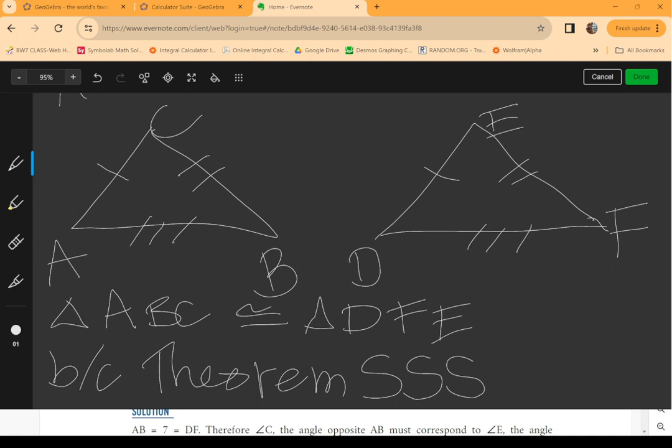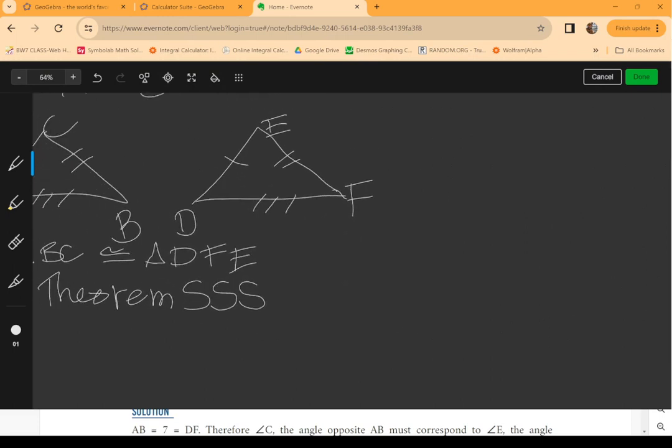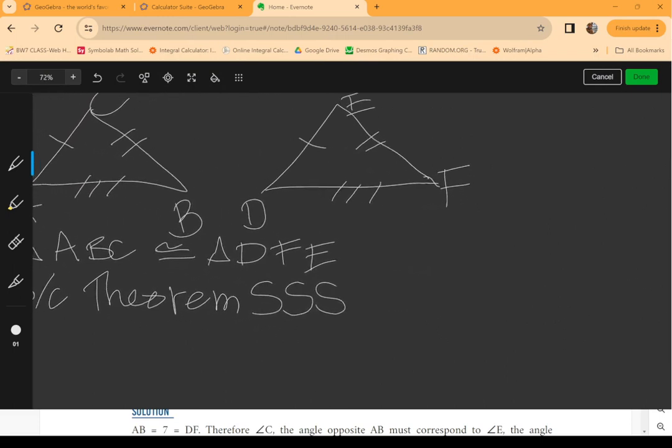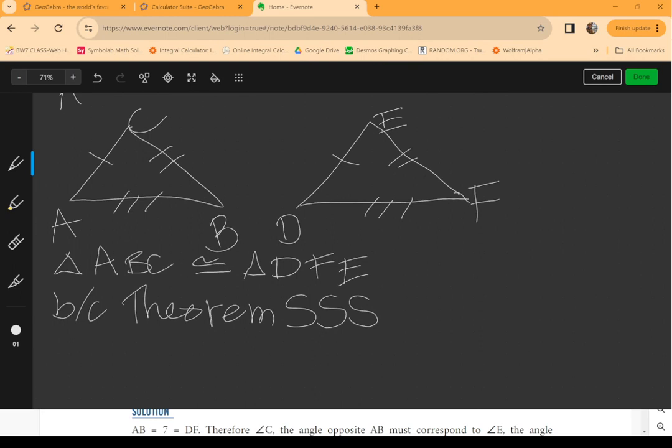All right, so once we've established the congruence of these triangles from the three sides, from there we can make other statements based off of triangle congruence. Since I'm given that the sides are congruent, now that we've established triangle congruency, we can make further statements.